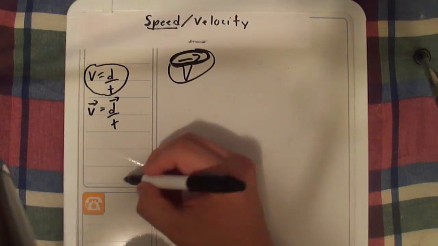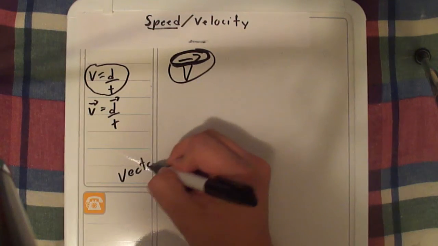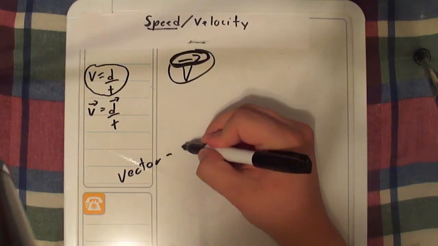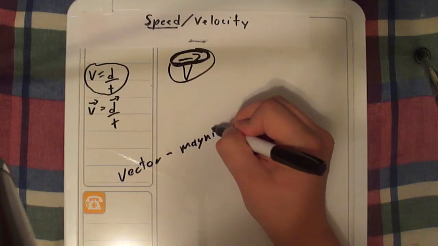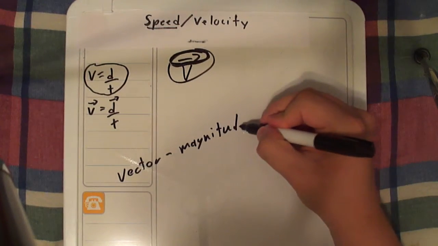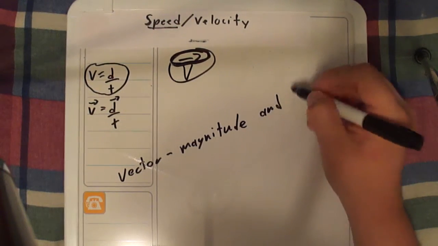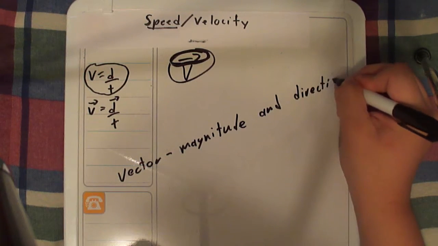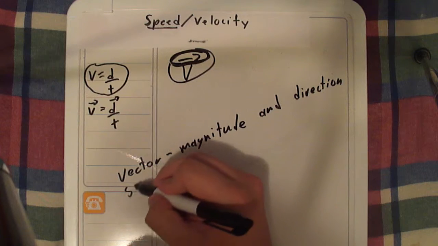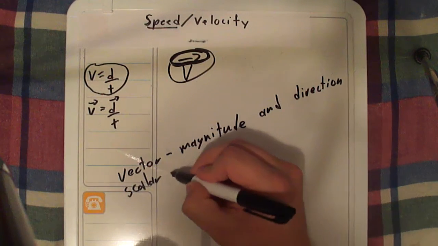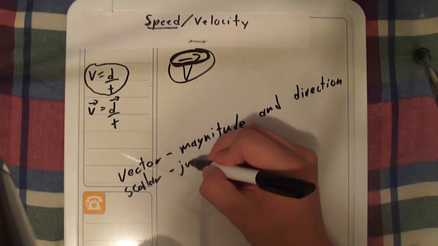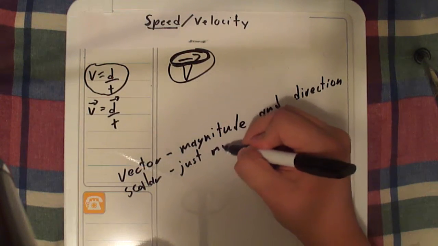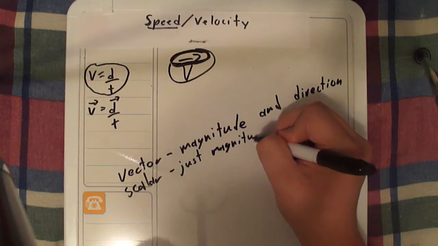A vector is magnitude and direction, whereas a scalar is just magnitude.